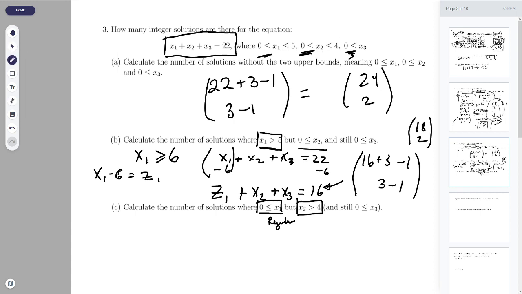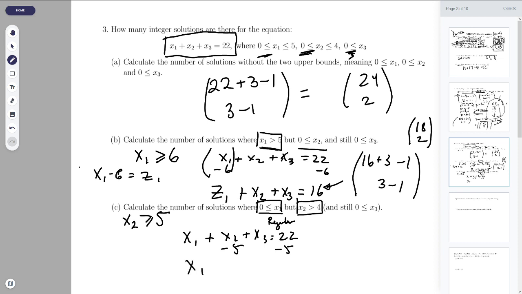So what that means is that x2 has to be bigger than or equal to 5. So here we have the equation x1 plus x2 plus x3 is equal to 22. And we're going to subtract off 5 from both sides.